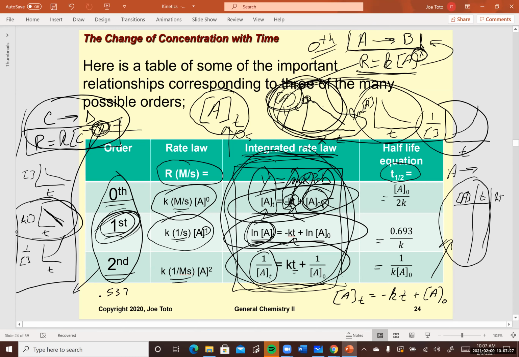I can pick any T, and that'll result in a different concentration at that time, right?